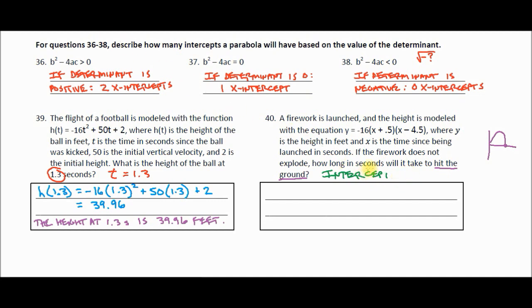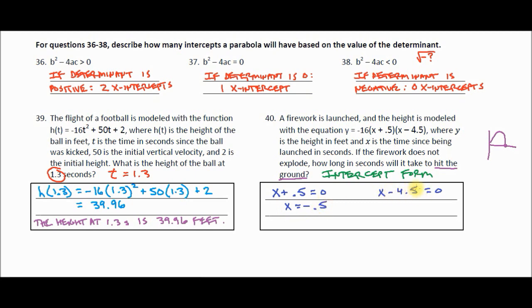You've got intercept form, and that means our x-intercepts are going to be the x value that makes x plus 0.5 equal to 0, or x minus 4.5 equal to 0. Subtract 0.5 from both sides and you will get x equals -0.5.